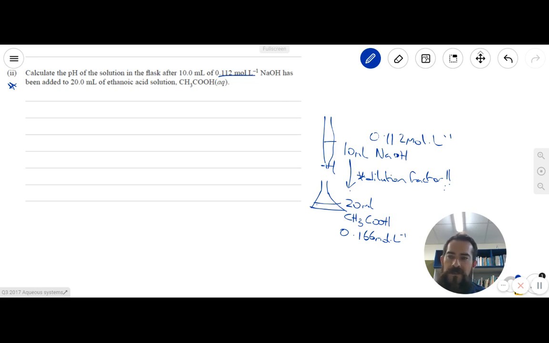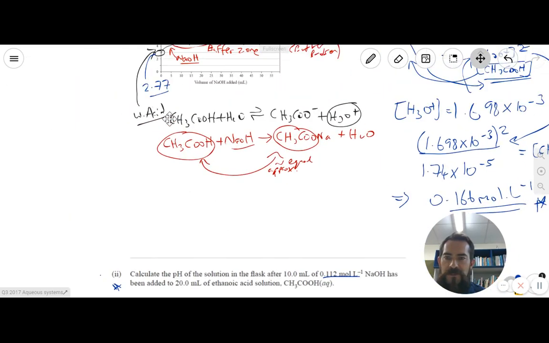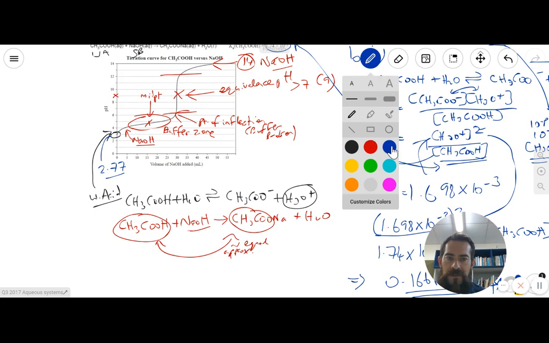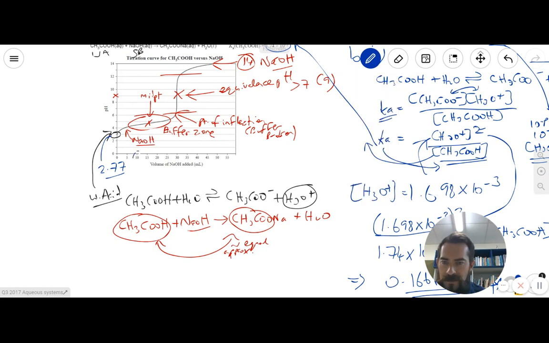Okay. And so what we want to talk about is basically the point in the graph we're referring to, when we've added 10 mils of sodium hydroxide. We'll use this blue color to identify what I'm talking about. So at 10 mils of the sodium hydroxide, we're talking about this pH here. So without actually doing the calculation, you can see that it's about 4.8. All right, that pH is about 4.8.